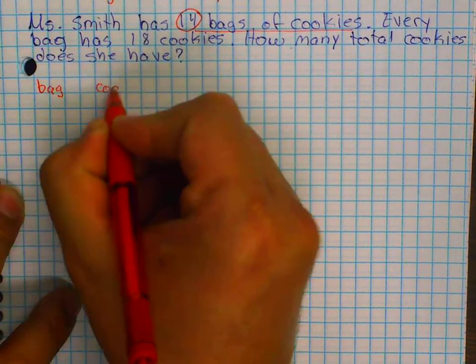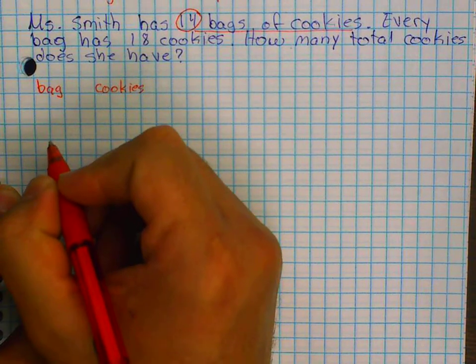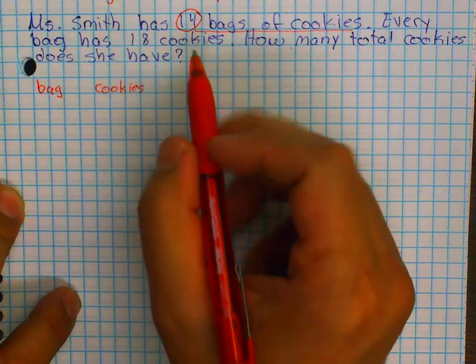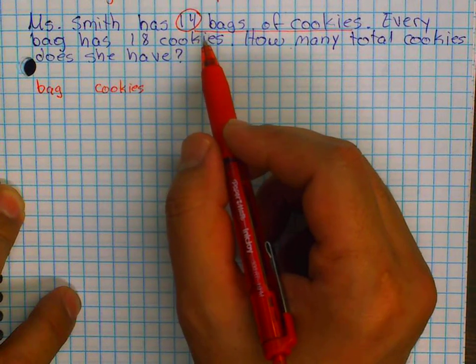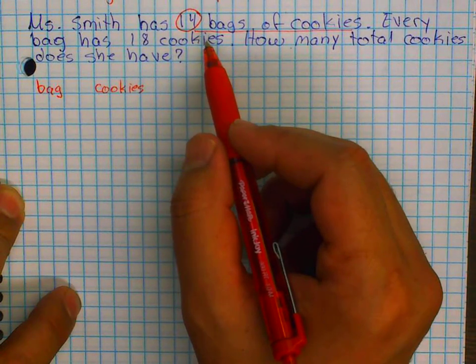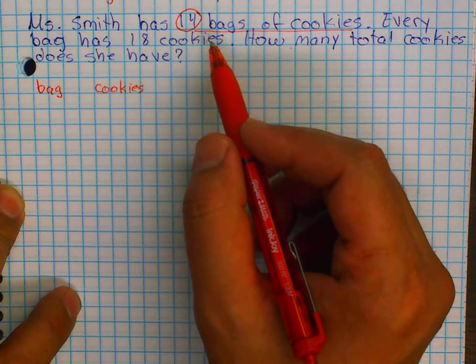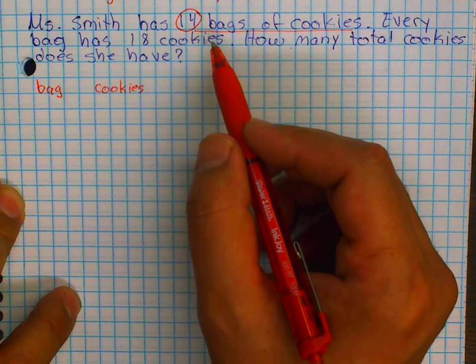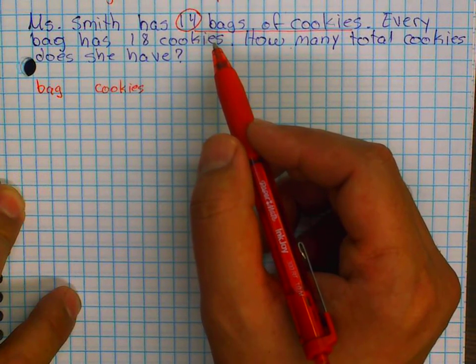Now remember that once we start with that, I need to find what my one group has. Those are words like each or every or a or per. All those words tell me how many are in one group or one thing. So Miss Smith has 14 bags of cookies.